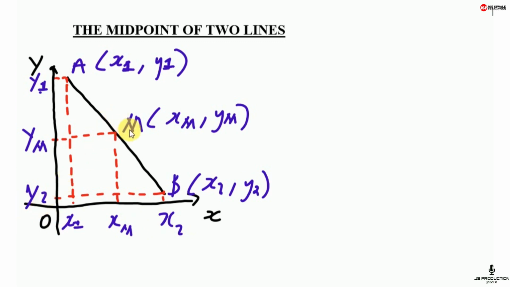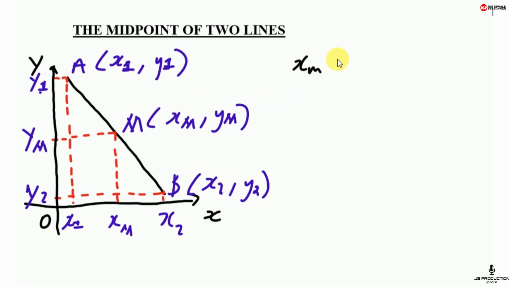So the midpoint of line AB can be represented by capital letter M there, and the coordinates of point M are xm, ym. So we can say that xm is exactly halfway between x1 and x2.